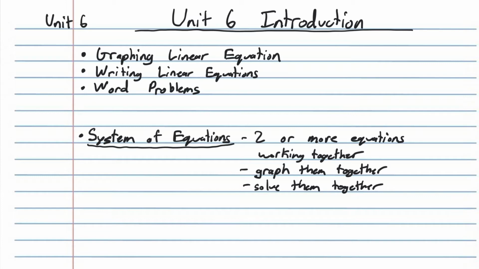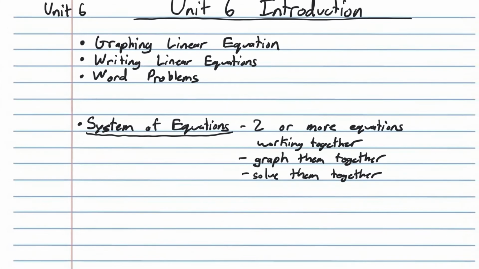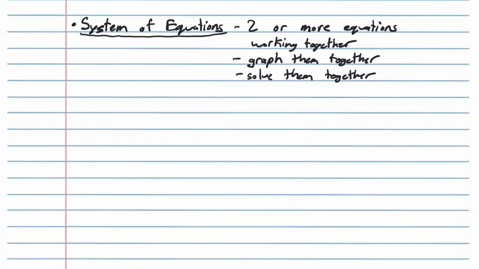Now the way they look kind of depends on the question. Let's go write that down. So what it looks like. Sometimes, in fact probably most of the time, they'll just list out the equations.